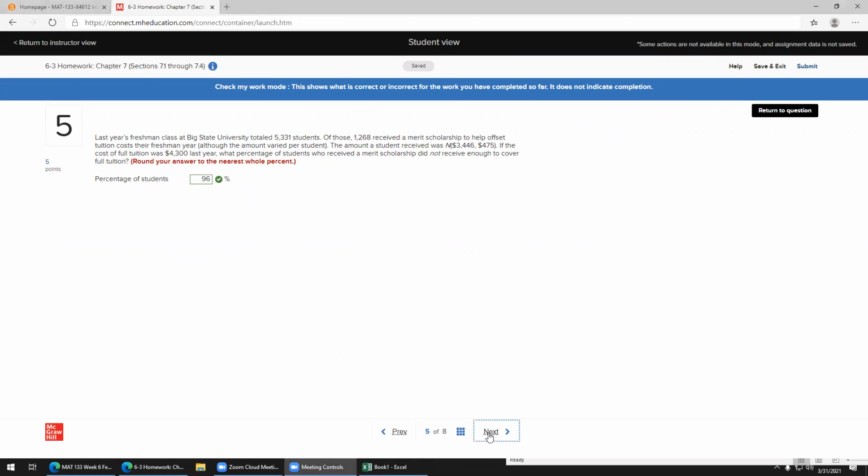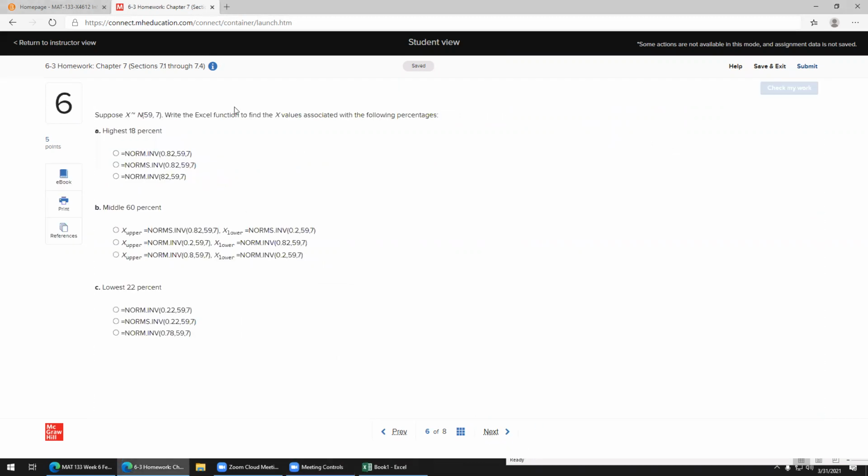That's all right. So question 6: you write Excel functions. This is what we've been doing, right? We're going through and using the Excel functions that will help you answer these questions. So highest 18%, again, if you draw the picture, this is 0.18. Which one of these functions helps you find the answer?